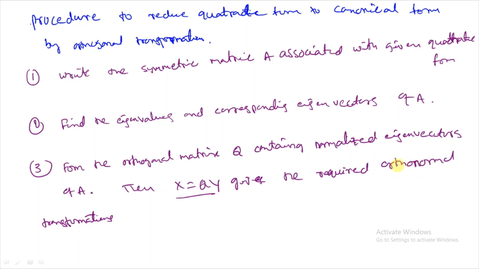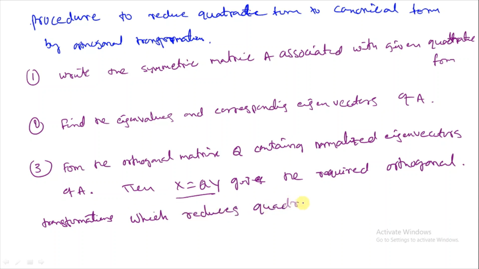This is the orthogonal transformation which reduces the quadratic form to canonical form.